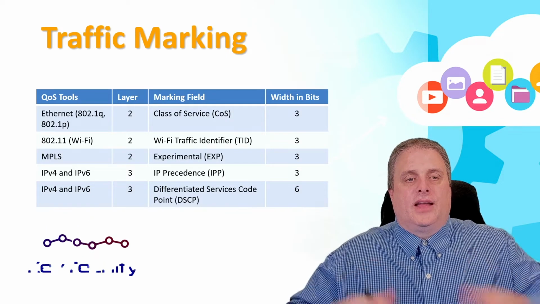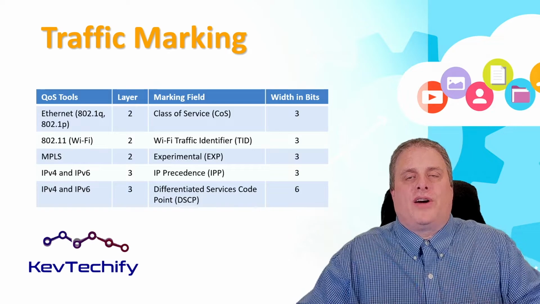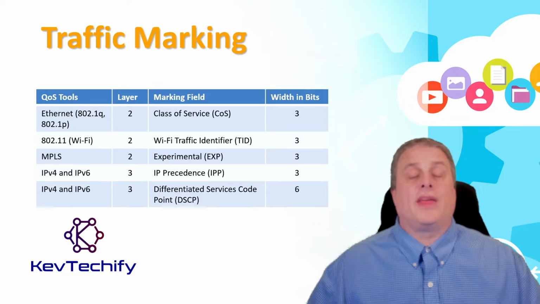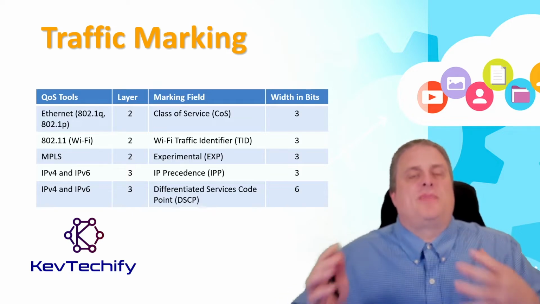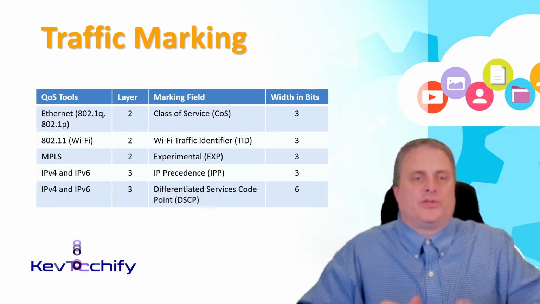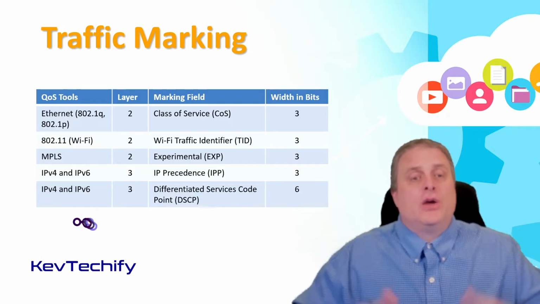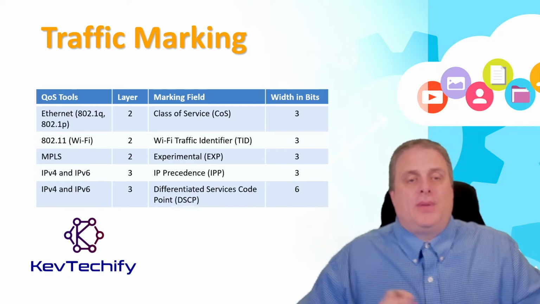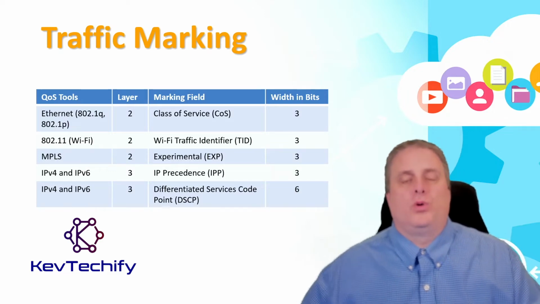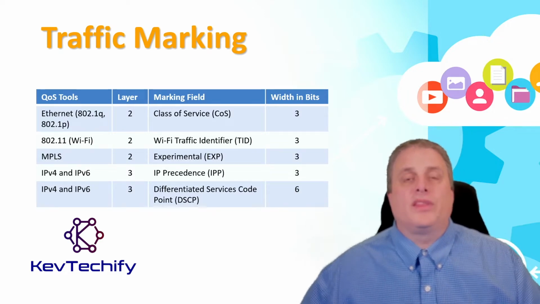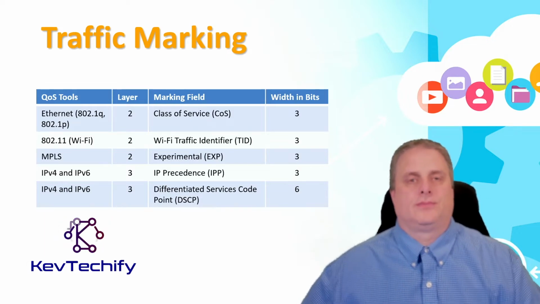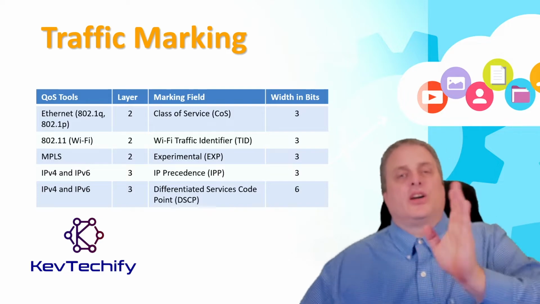With Wi-Fi at layer 2, we use the Wi-Fi traffic identifier to mark our traffic. With MPLS at layer 2, we use the experimental field. At layer 3, with IP version 4 and IP version 6, we use IP precedence and DSCP, differentiated services code point. With layer 3 marking, the traffic can go from router to router and be carried end to end across the network.